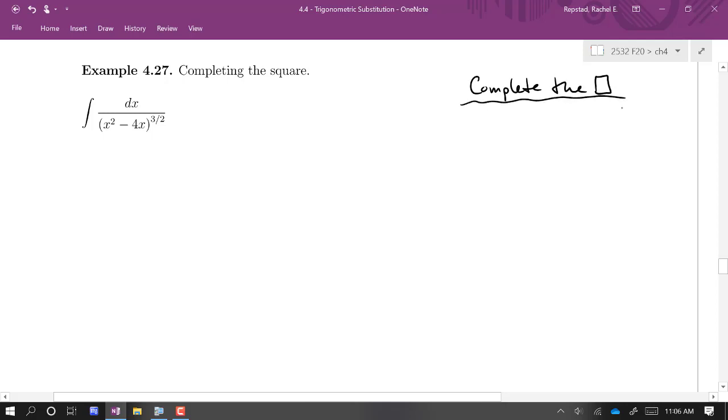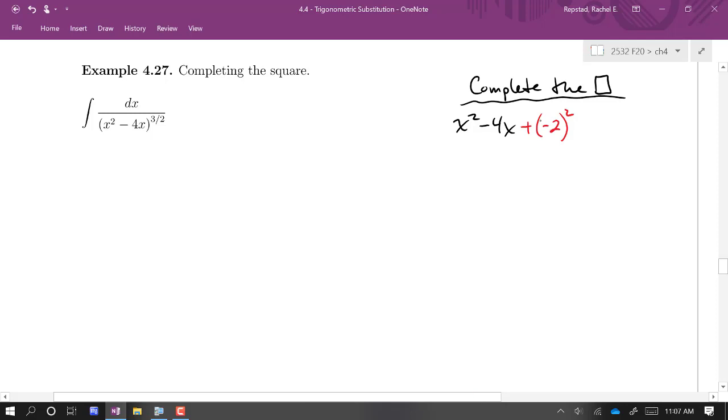on this expression. So we have x squared minus 4x is the expression we have. And I know that if I want to complete the square, I'm going to do so by adding the square of half the middle coefficient, half that coefficient on x. So we're going to square negative 2 and add that.